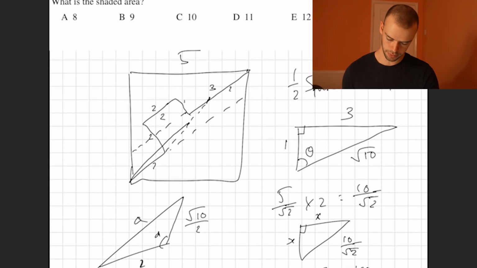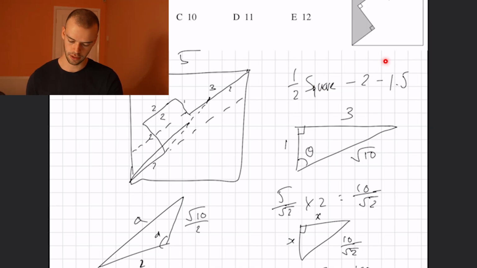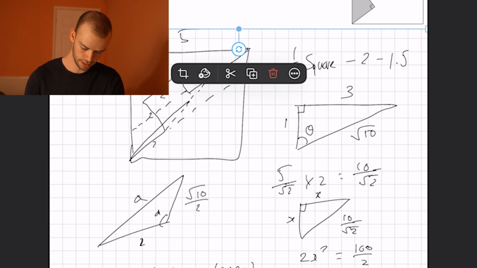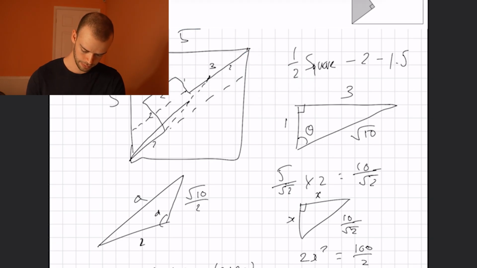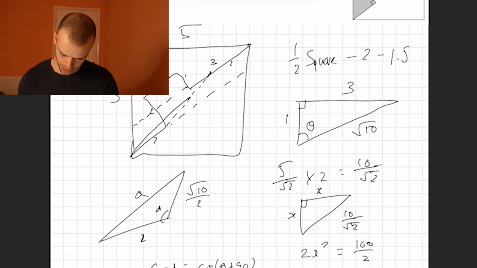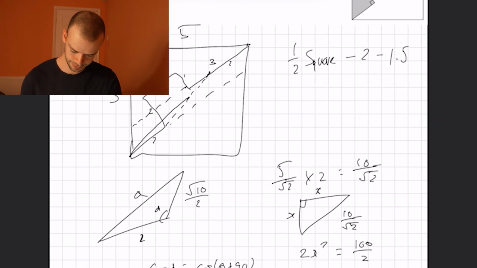If we scroll back up, we look at this expression we made for the area of the shaded region. Now we just need to input the area of the square, which is going to be 5 squared. Cool. So let's just rub out our triangle here.